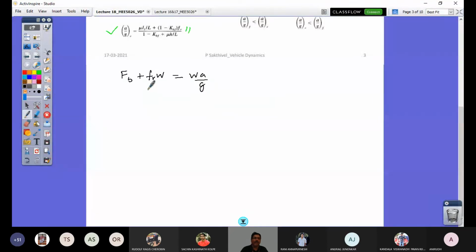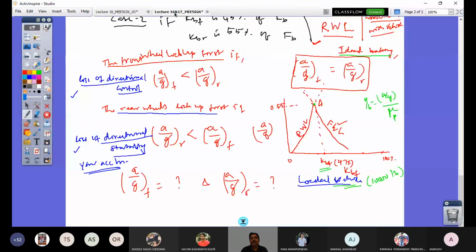So if I consider only this equation, let me call it 3.55. 3.54 was the equation we ended with in the last class. And then I substitute this equation into equation number 3.50 and 3.51.